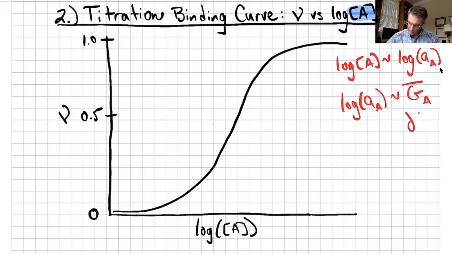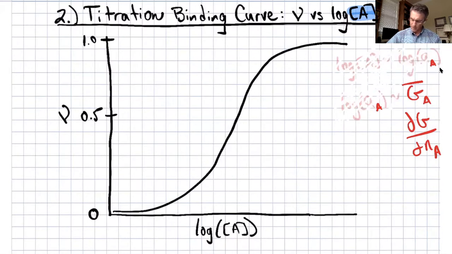Or it's the extent to which the system free energy changes, or is proportional to changes in the concentration of A. So one of the reasons for using these titration binding curves is that it's a somewhat more fundamental, more thermodynamically correct way to plot binding data.